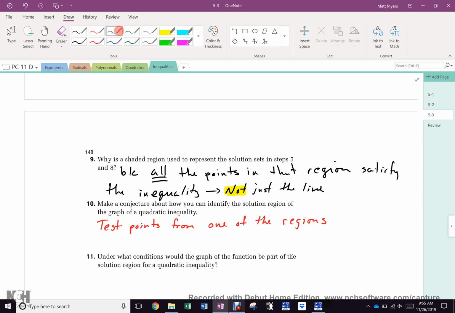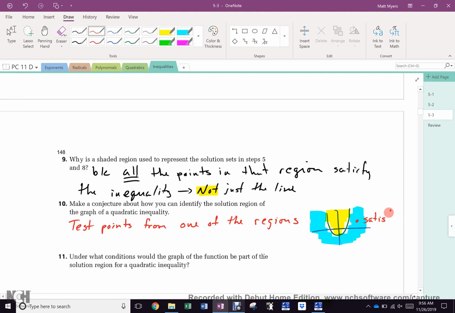Well, let's draw a sketched parabola, right? There's my sketched parabola. What are the two regions? Inside and outside. Yes? So, if this point satisfies, then that gets the shading.